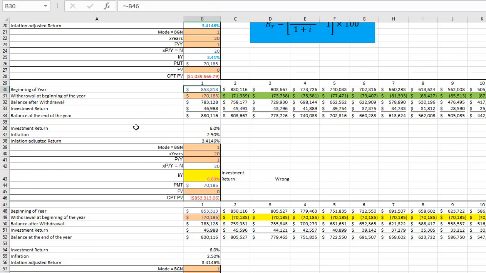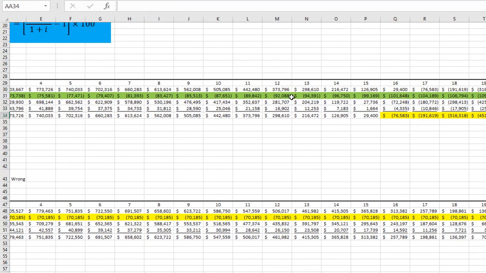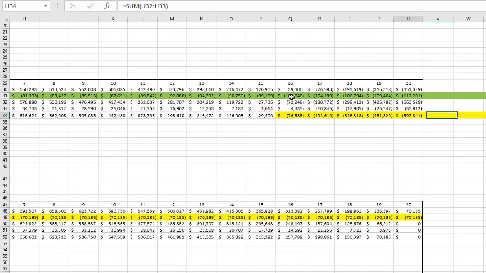So you think to yourself, my retirement account, I only need $853,313. But that's because you've used the wrong discount rate. You're not adjusting it for inflation. So here, if I keep that same inflation-adjusted series of payments that are increasing by 2.5%, what's going to happen is that with starting my account only at $830,000, I'm going to run out of money.